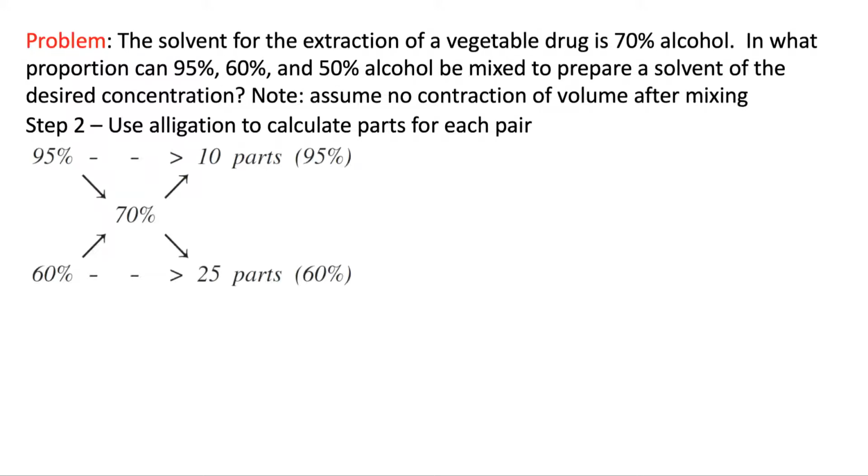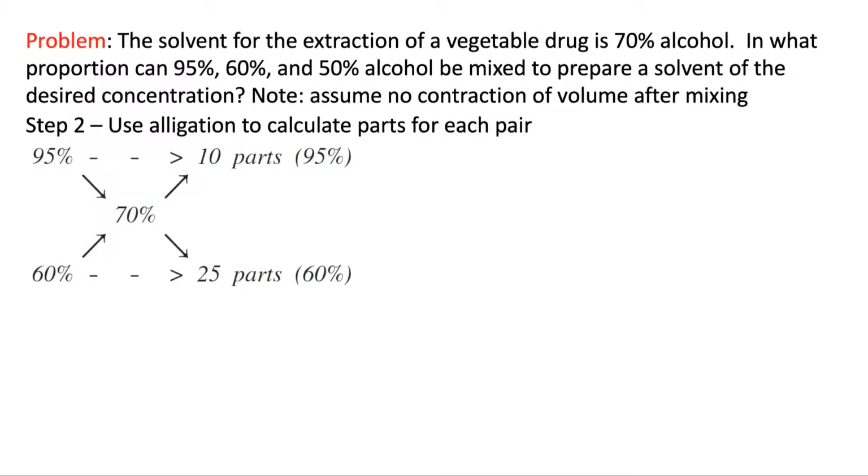I'll set up the first example here. Our first pair was to use our high strength 95%, and that's on the upper left. Directly below that, and spaced down a ways, is our lower concentration, which in our first alligation pair was the 60%. To the right of that and in the middle, we put our target, which was 70%. Starting with the upper left with the 95, we follow the arrows down diagonally and cross-subtract.